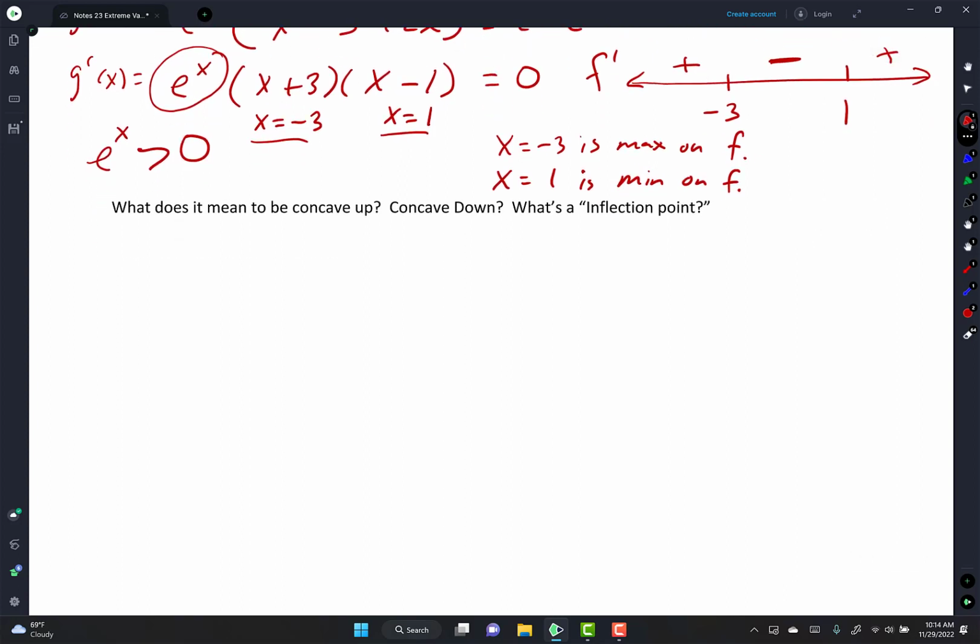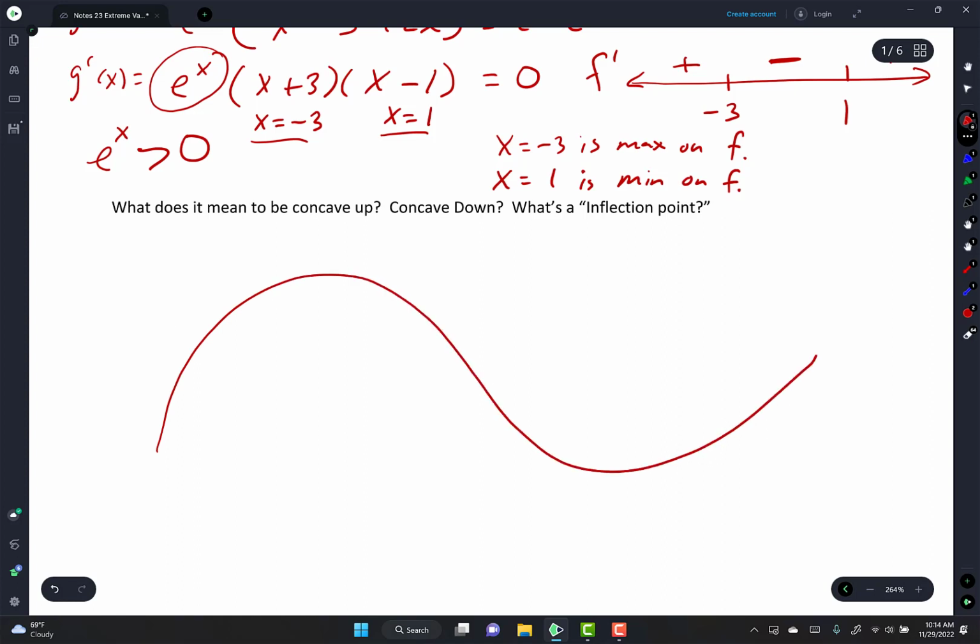All right, ready, guys? What does it mean to be concave up, concave down? What is an inflection point? Let's do a quick review. It's not going to take long. It's literally going to take 10 seconds. Draw that. This is concave down.